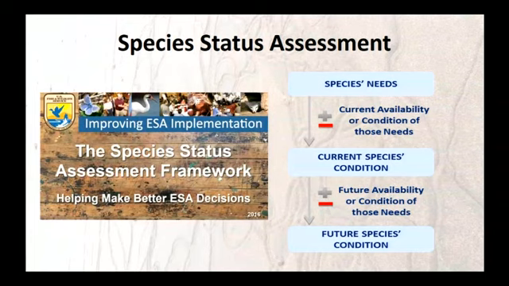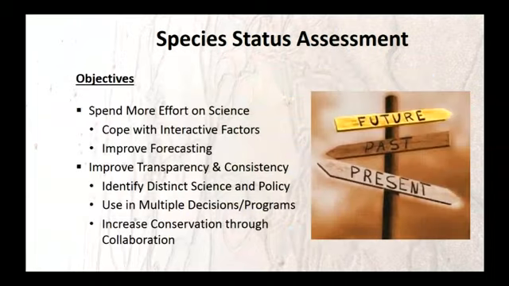It's emerging, and it's trying to introduce these objectives for the scientific part of their decision-making that allows the service biologist to spend more time on science and dealing with the scientific information and not worrying about the decision-making part. So it's kind of separating out this science from the decision-making part.